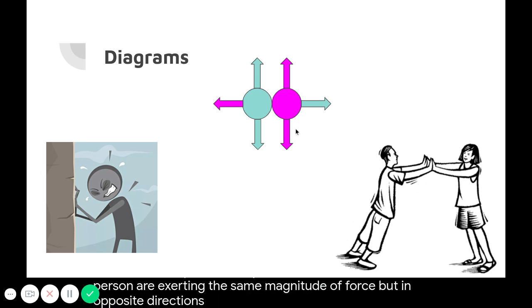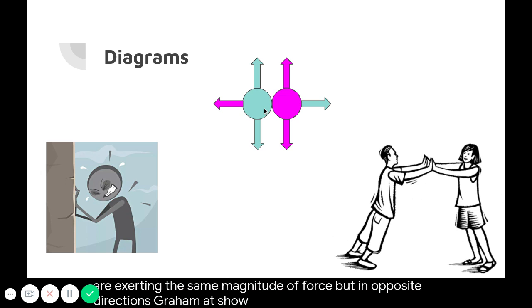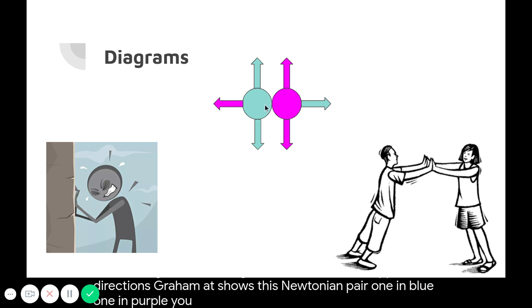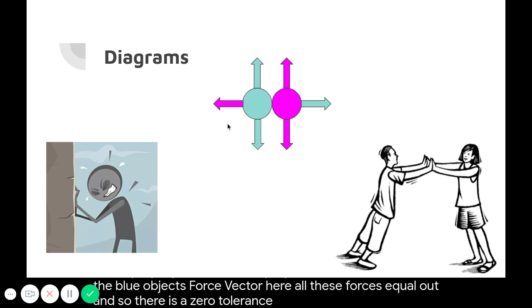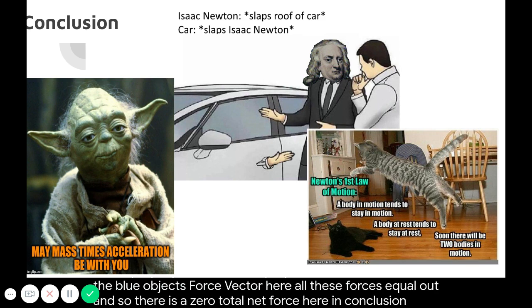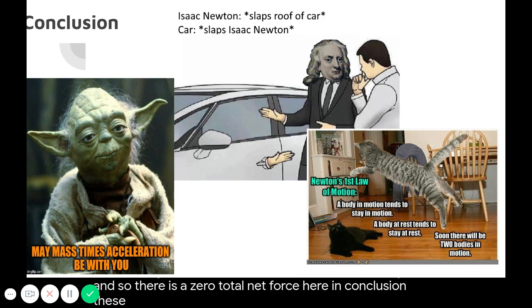The same goes for a person on a wall. The person and the wall are in opposite direction. We have a diagram of this impact.